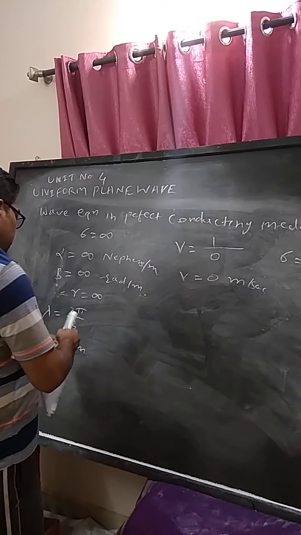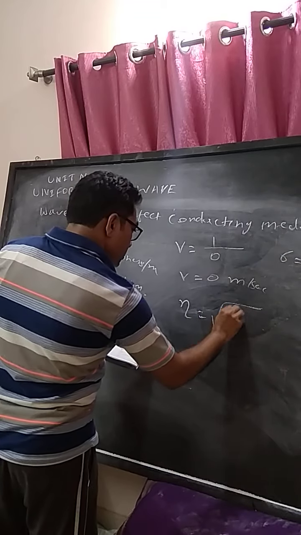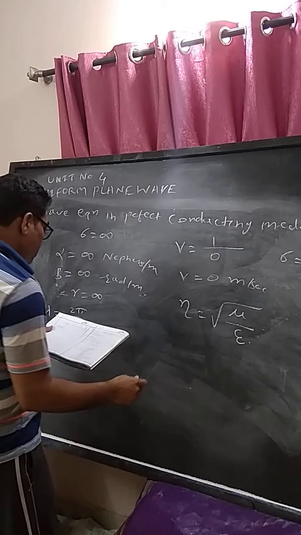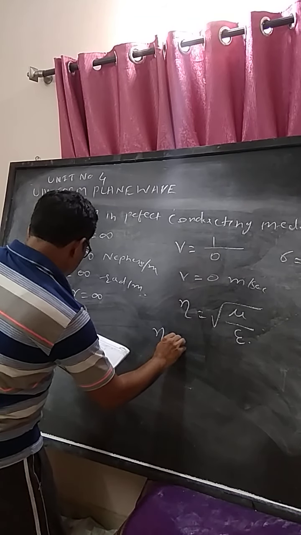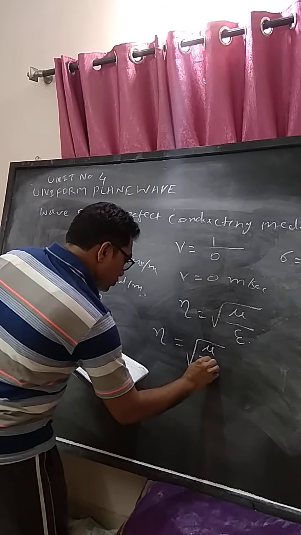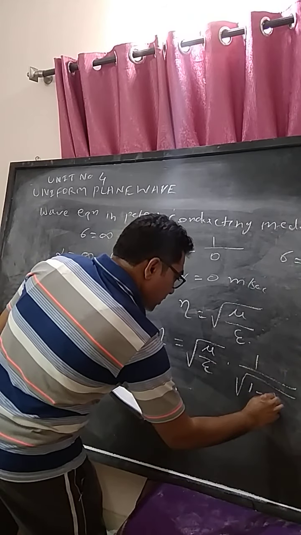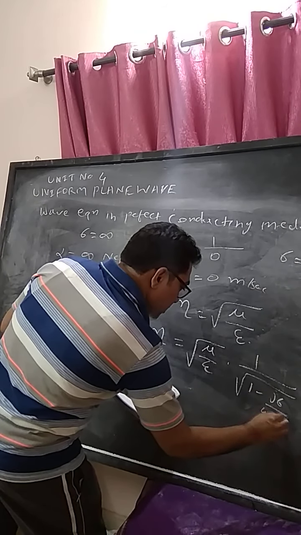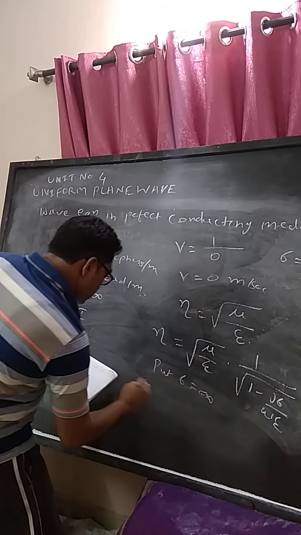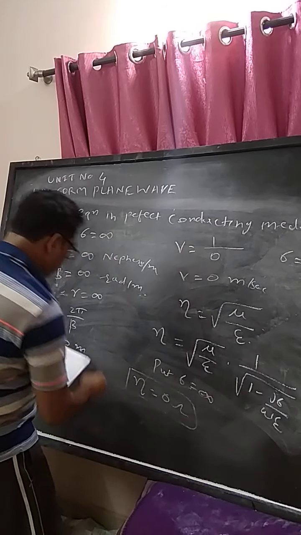The last equation for perfect conducting medium is eta, which equals under root of mu divided by epsilon, times 1 upon under root of 1 minus j sigma divided by omega epsilon. Putting sigma equal to infinity, we get intrinsic impedance eta equal to 0 ohm for perfect conducting medium.